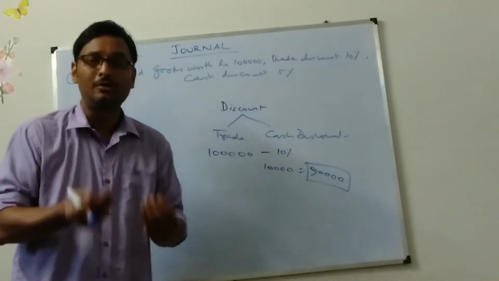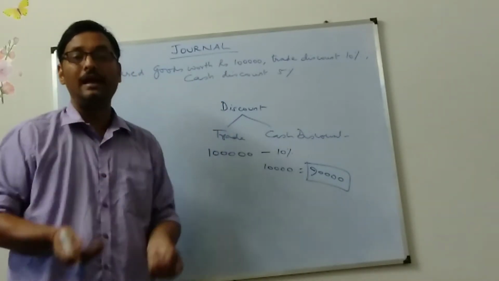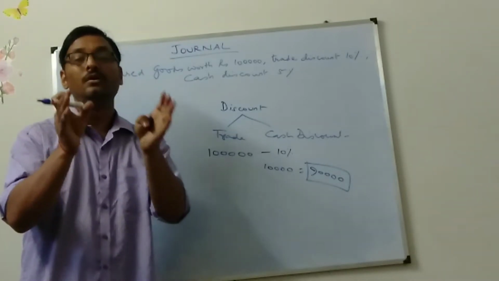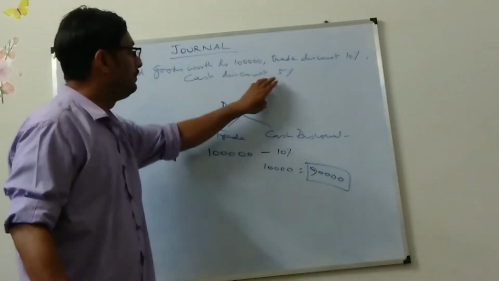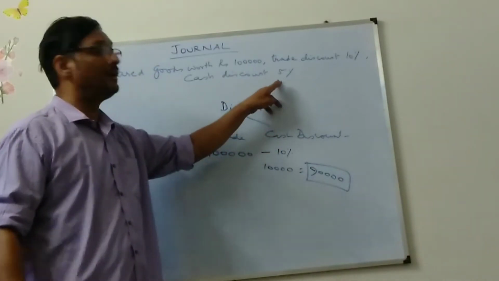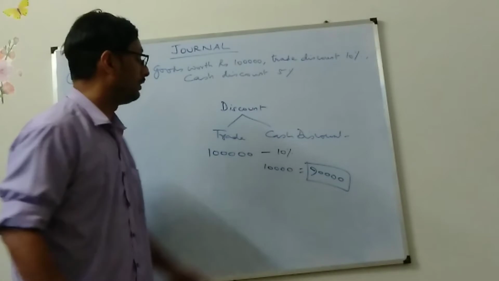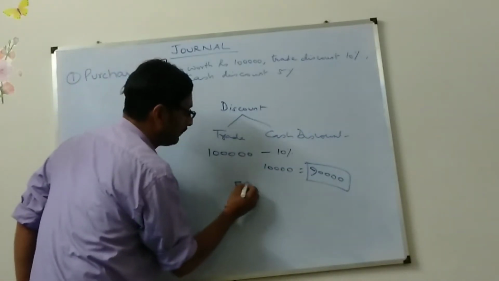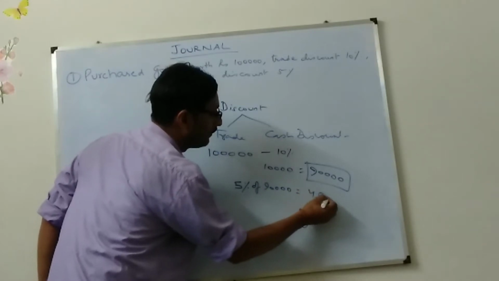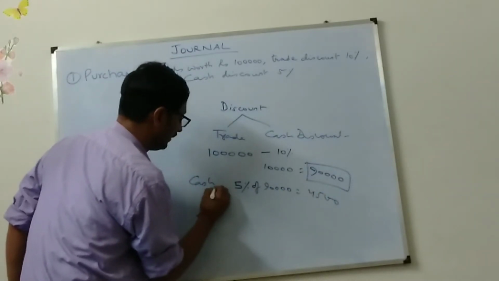Because as you have not got the goods for 1 lakh, how will you calculate on 1 lakh? You have got the goods for 90,000 only. So you need to calculate cash discount on 90,000. So this 5% will be calculated on 90,000. What is 5% of 90,000? 4,500. This is the cash discount.